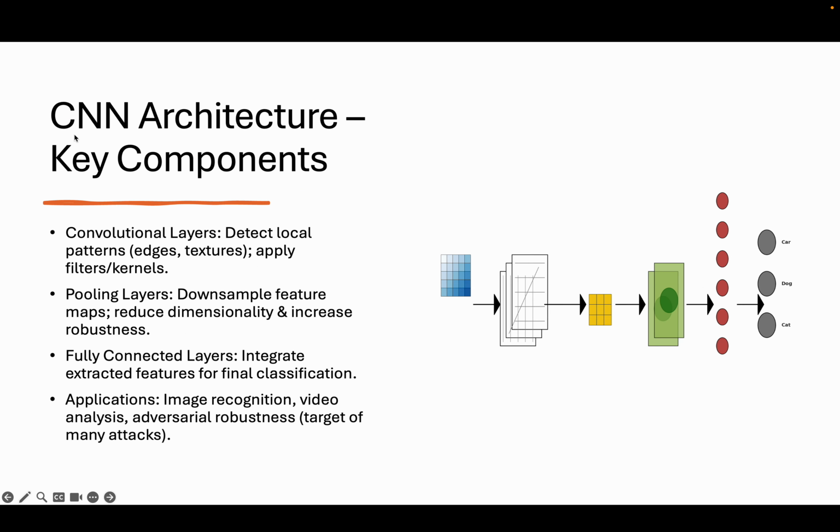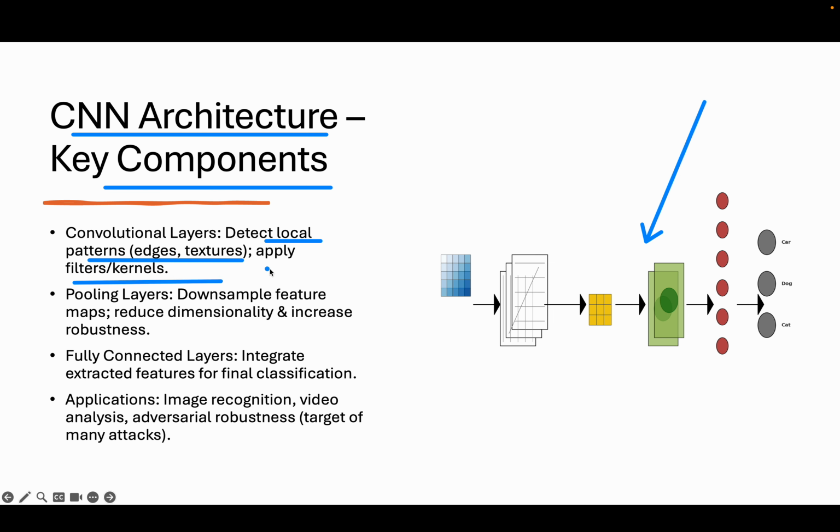For the convolutional neural network architecture, the key components, and this is just one diagram out of many that we're going to be looking at. Sometimes when you get into more complicated aspects, it's easier when you have different visualizations because that would make more sense to you. The convolutional layers detect the local patterns, the edges, the textures, and here is where you apply filters and kernels.